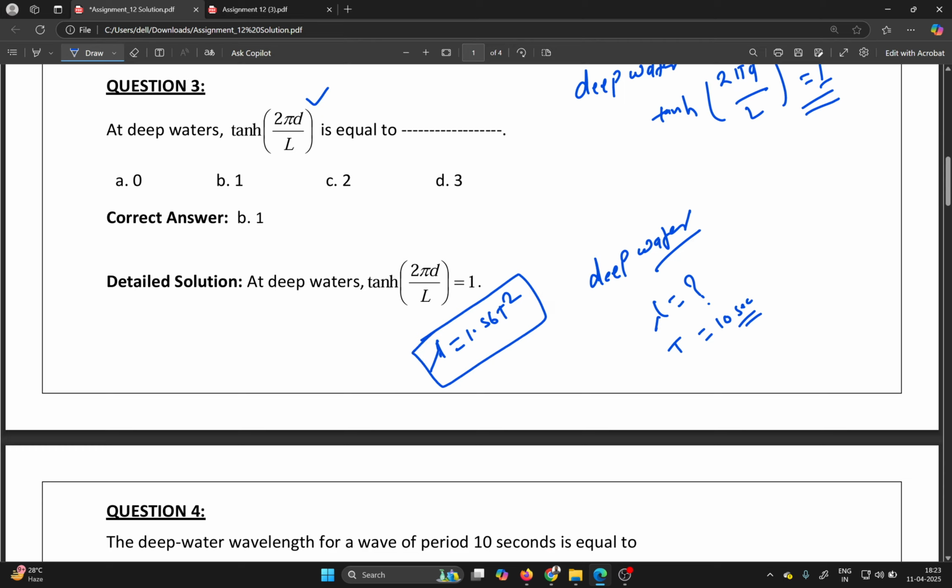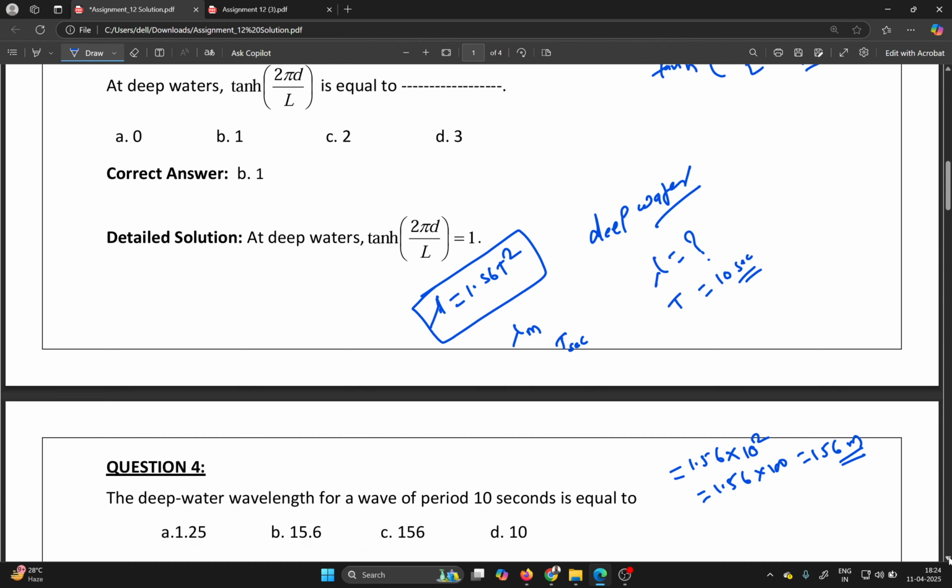You have to put the value 1.56 into T square, that is 10 square, where lambda will be in meters and T in seconds. So whatever answer you get will be in meters. 1.56 into 100 is 156 meters. Remember, option C will be correct for question number 4.